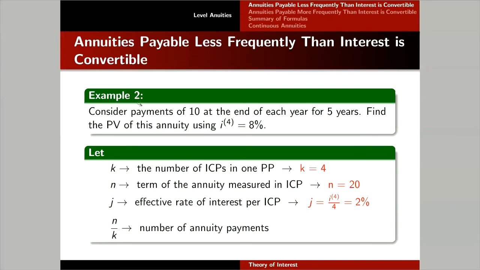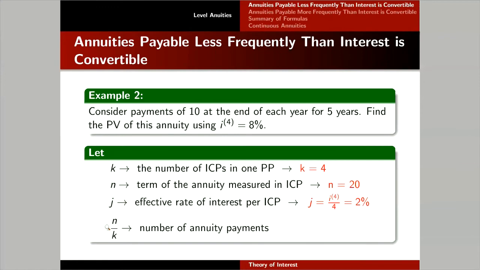You go back to our example: consider payments of 10 at the end of each year for 5 years. Check. It's very clear that there are 5 payments of 10. So that's why to count the number of annuity payments, all you have to do is divide n by k.